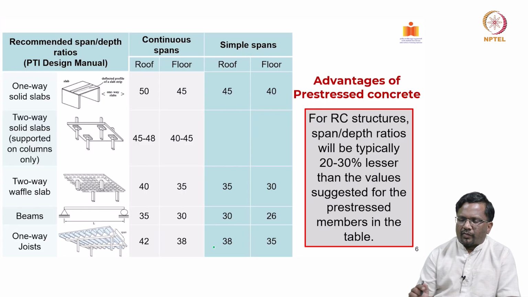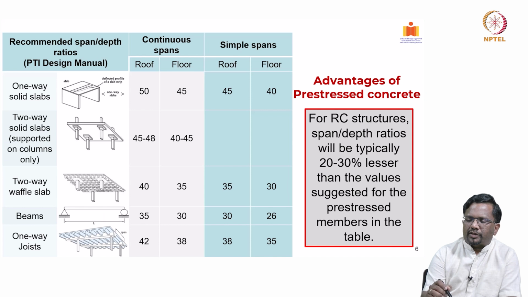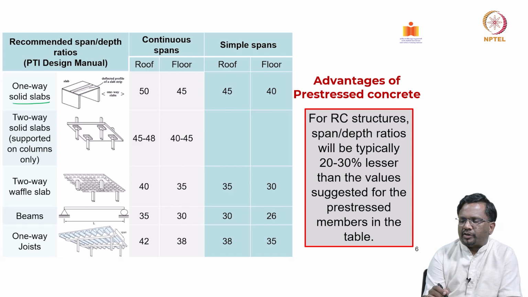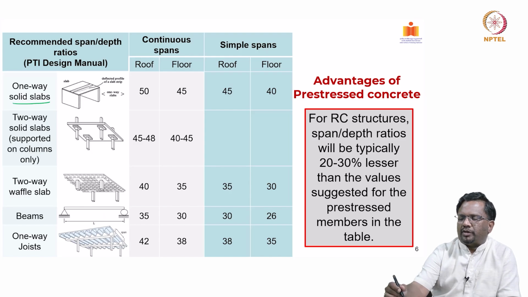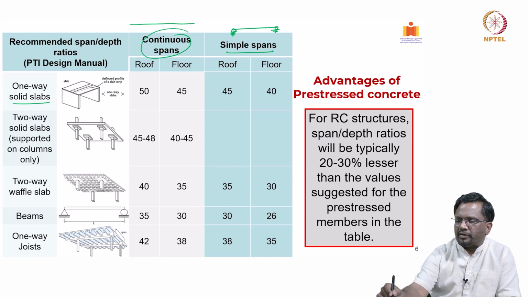Now, we have studied this in the first part of the module. You can see that these are the recommended span to depth ratios. For one way solid slabs with pre-stressing, it depends on whether it is a continuous span or a simple span. A simple span is this, and a continuous span is this, with multiple supports.